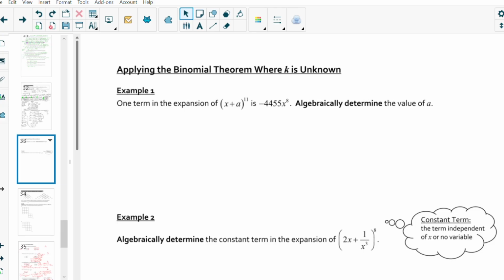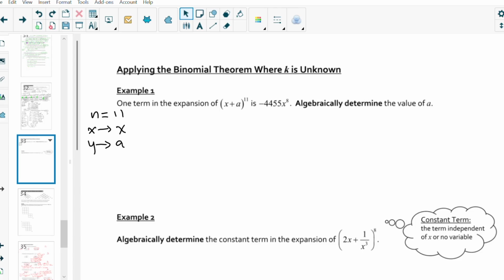Algebraically determine the value of a. Okay. I'm not given the term number. So how are we going to do this? Let's write down what we know. N equals 11. X is just x. My y is a.